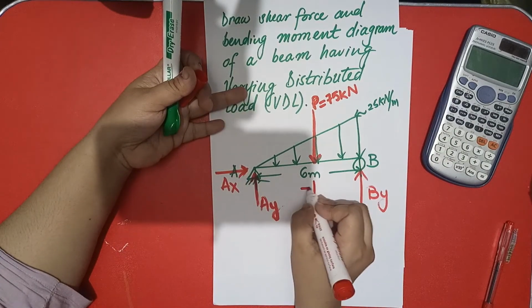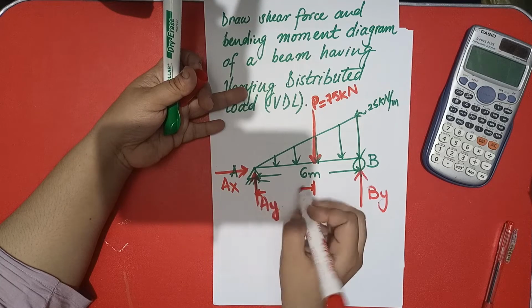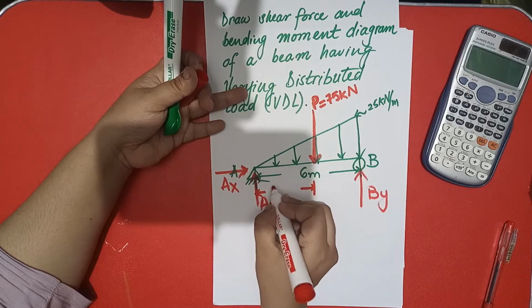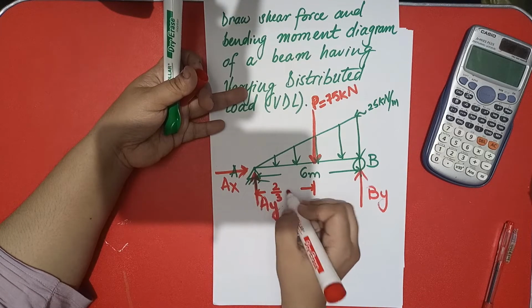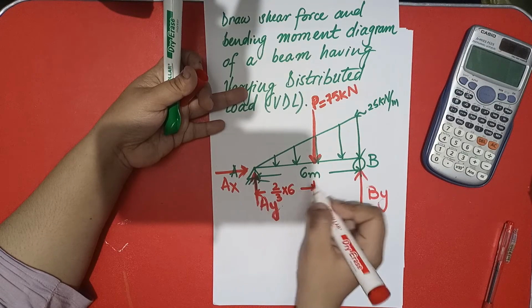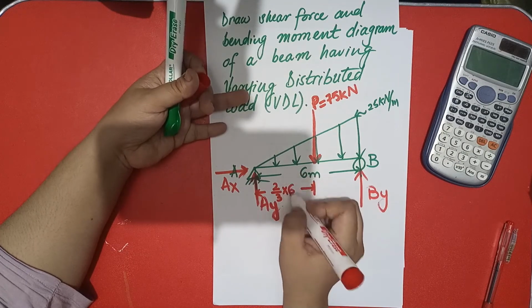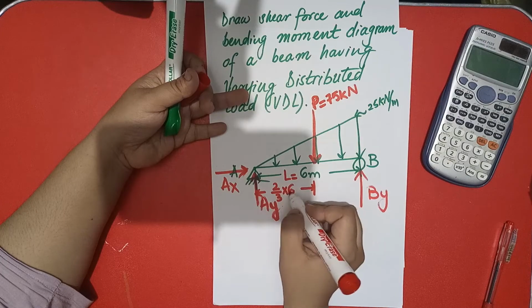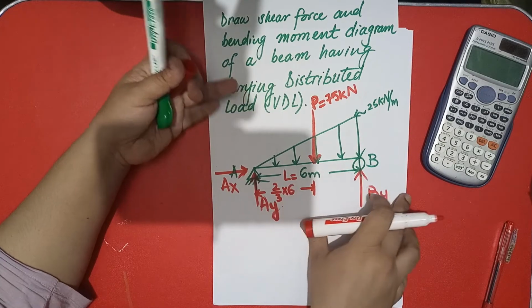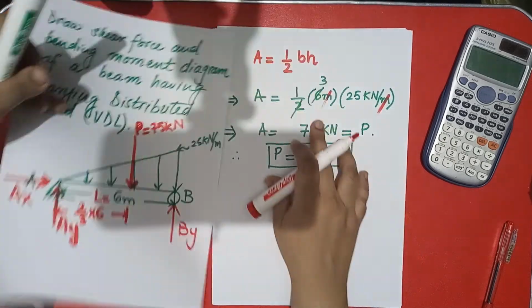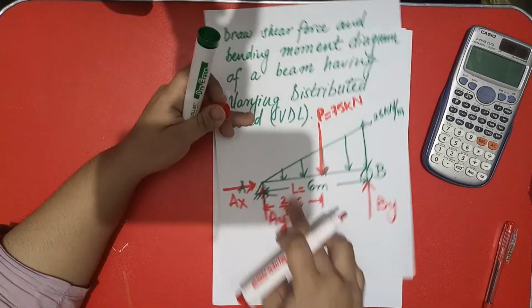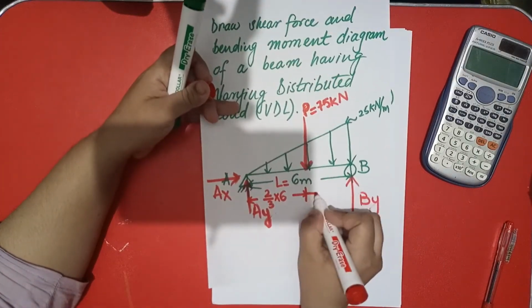For the triangle, you have to take what? The distance of the shorter side should be 2/3 into 6. 6 is what? This one. If I take this as L, so this should be L. And what I have assumed over there is that this is B, so I can write down B. It's up to you, whatever variable you want to suppose.